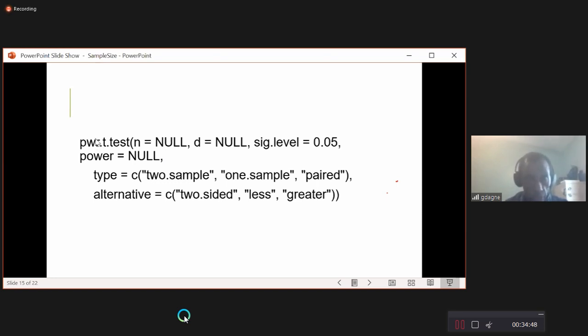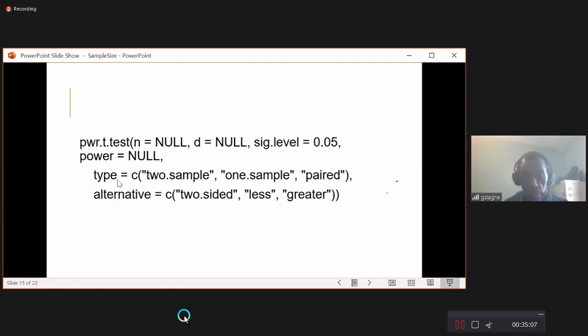For these functions, either you provide the sample size, the standardized effect size, and the significance level. You can change this also, but that's mostly standard. The power is also null here.